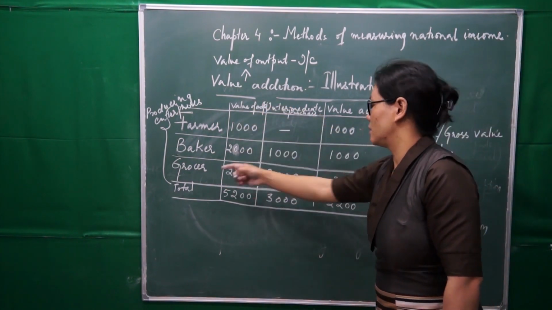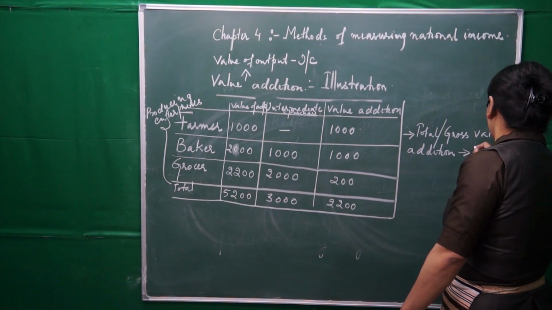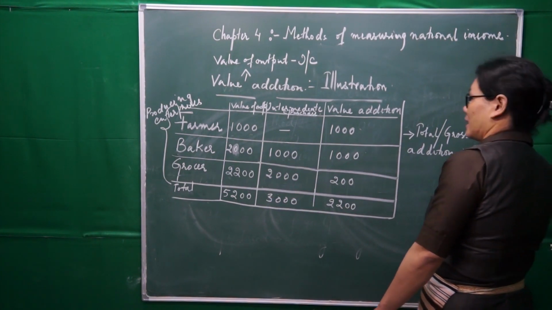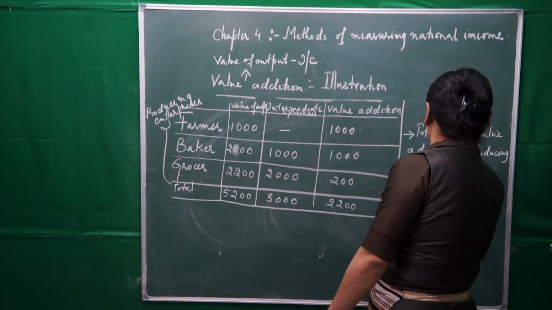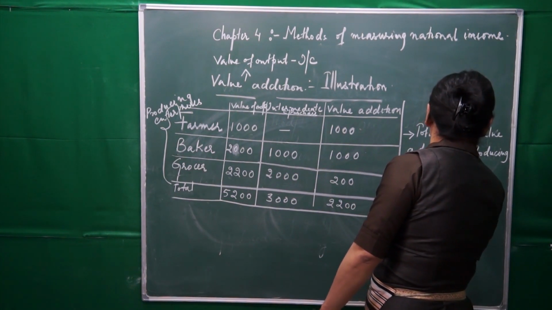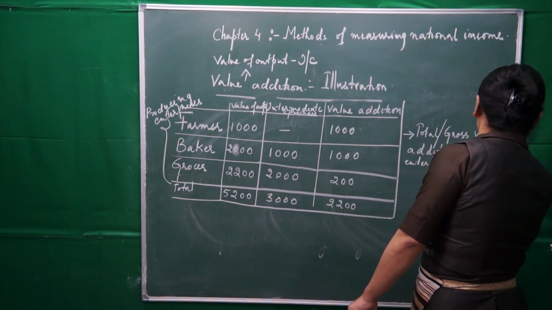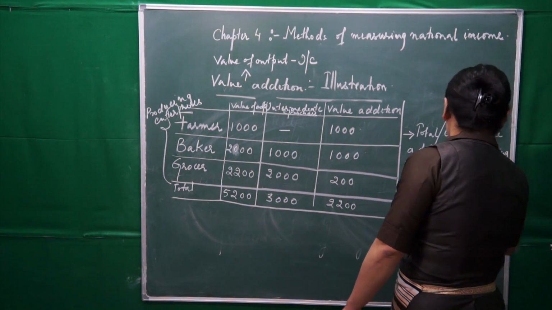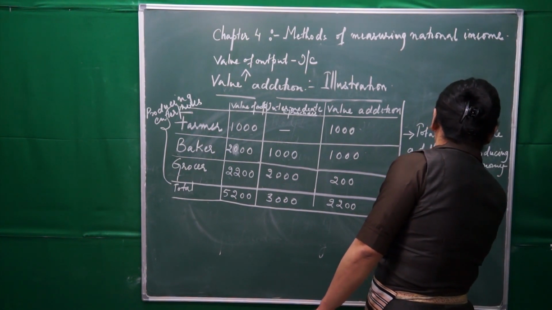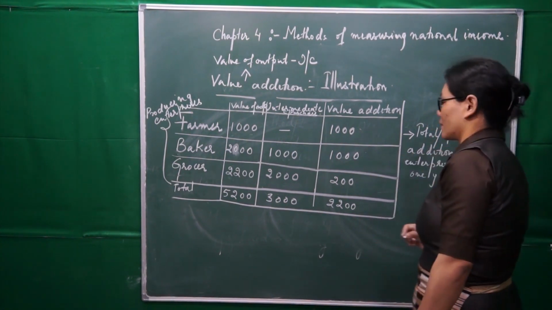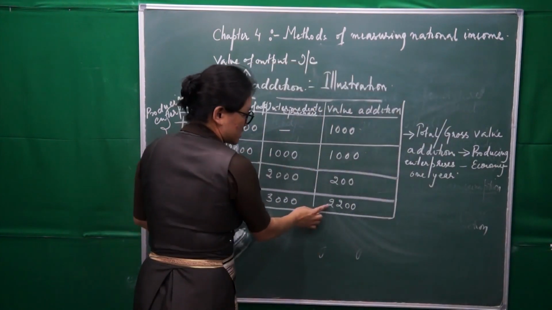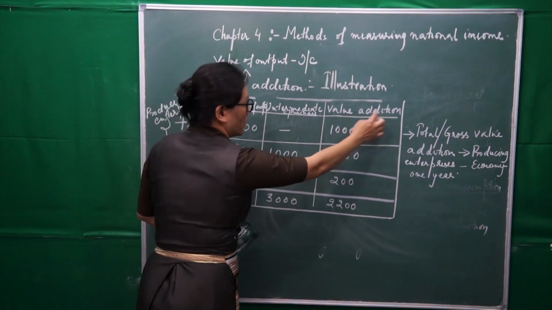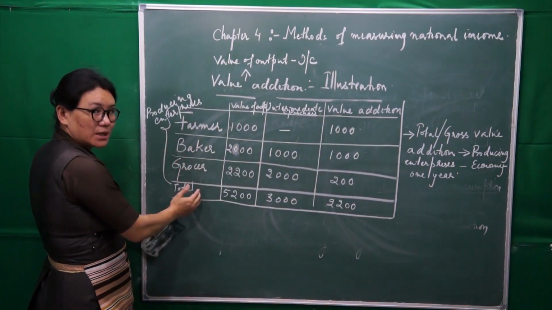These people. Of the producing enterprises of an economy during the period of 1 year. Right? So what is this? 2,200 is what? Sum total of the value addition of these producing enterprises.